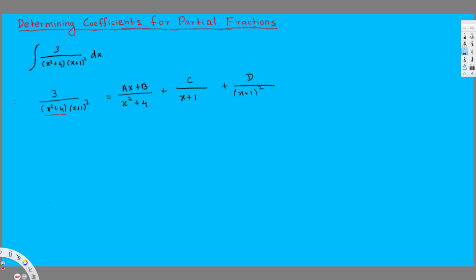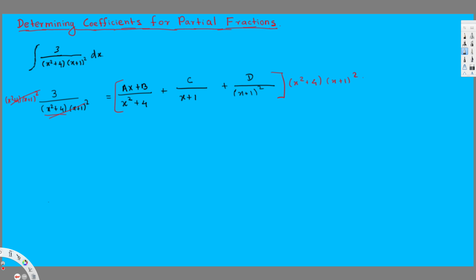So this is going to be (x squared plus 4) times (x plus 1) squared, and if I do that, I can cancel these two. I also have to do the same thing on the other side, multiplying by (x squared plus 4)(x plus 1) squared.